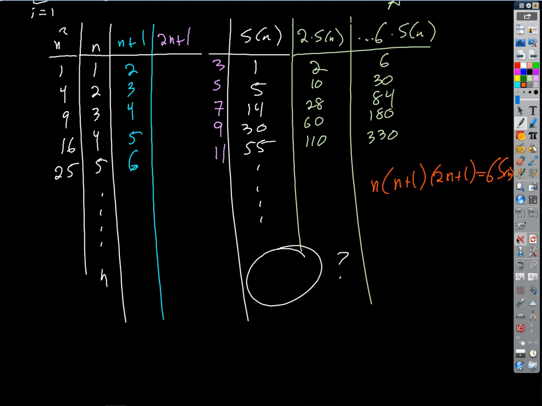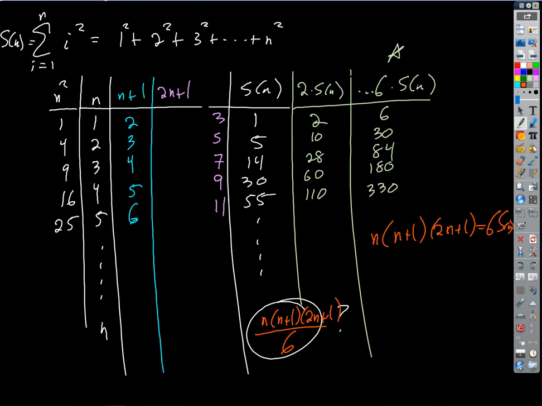So to get these numbers right here, it's just these numbers divided by 6. So it's n times n plus 1 times 2n plus 1 over 6. Okay, and so we got an answer. There's our formula for adding up the first n terms of i squared.